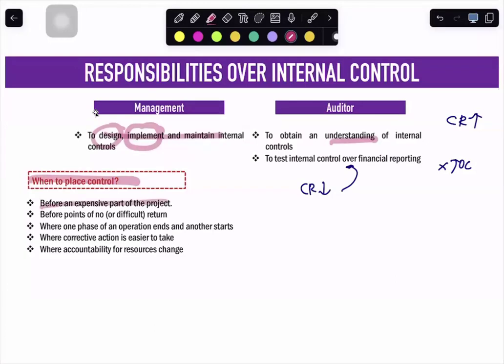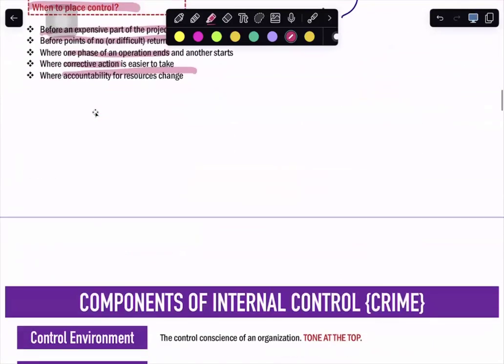First, before an expensive part of the project, before points of no return, before one phase of an operation, before there can be corrective action, before accountability for resources changes. In short, before any operations, there must already be a control. Before you start an operation, there must already be a control. That is to help you deter any possible threat event or any possible vulnerability over the entity's operations or system.